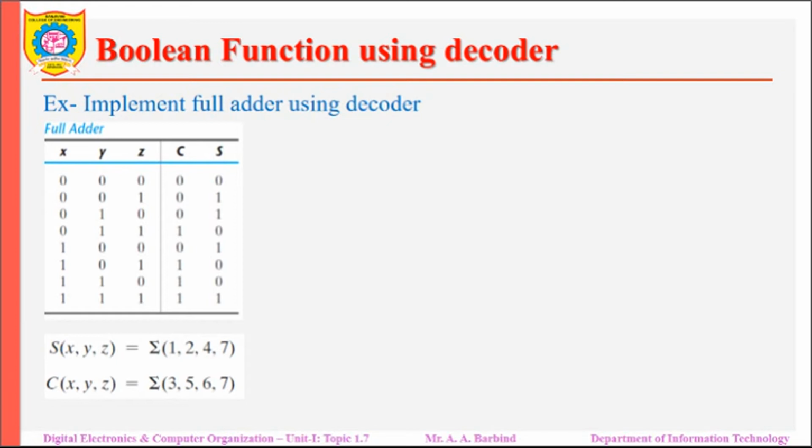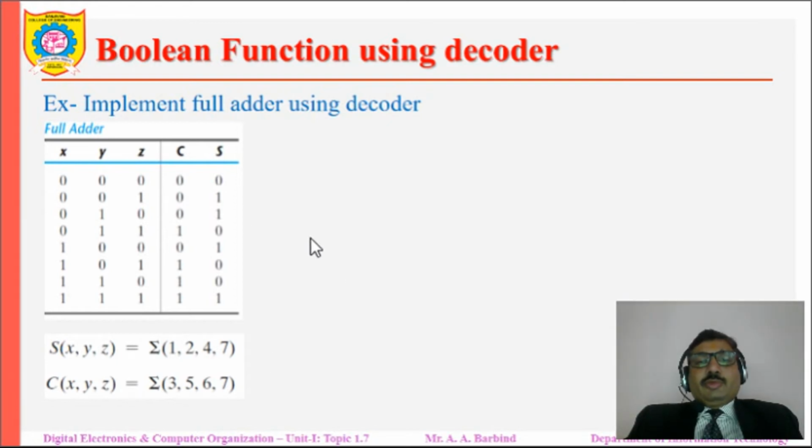We have three inputs X, Y and Z, and two outputs C and S, that is carry and sum. The sum should be 1 for the min terms 1, 2, 4, 7, whereas carry should be 1 for the min terms 3, 5, 6 and 7. So this logic function is to be implemented.